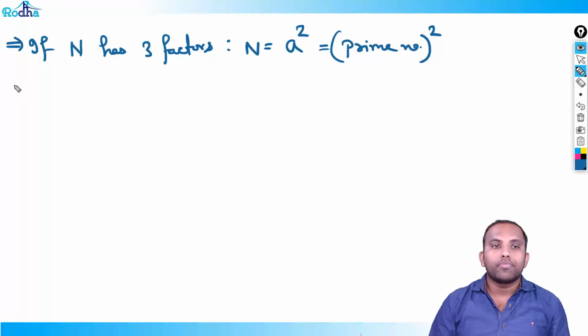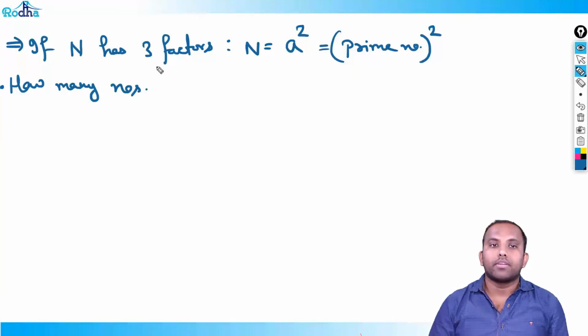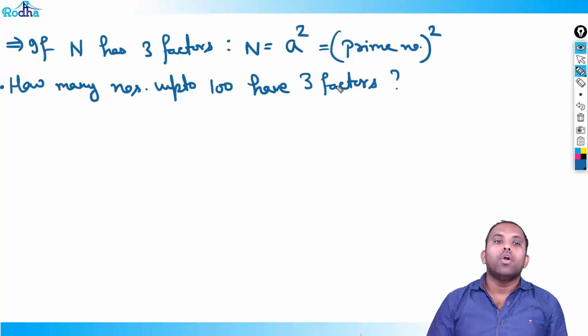Suppose I ask you a question: how many numbers up to 100 have got 3 factors? So the answer will be all the prime number squares up to 100.